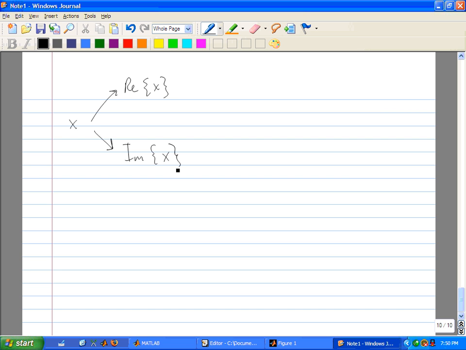That's another way we could break a signal. So x equals the real part of x plus j times the imaginary part of x. What property would we expect the Fourier transform of the real part of x to have? Okay, any other opinions? I'm not saying it's wrong, I just want to know if anyone else has an opinion.